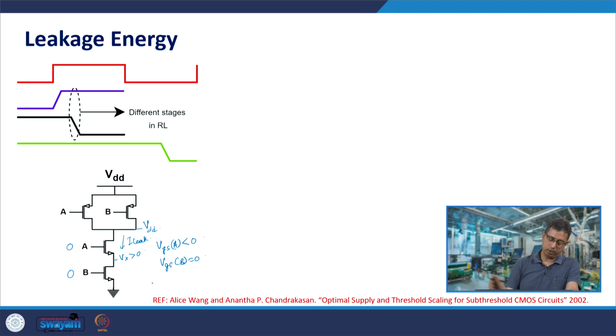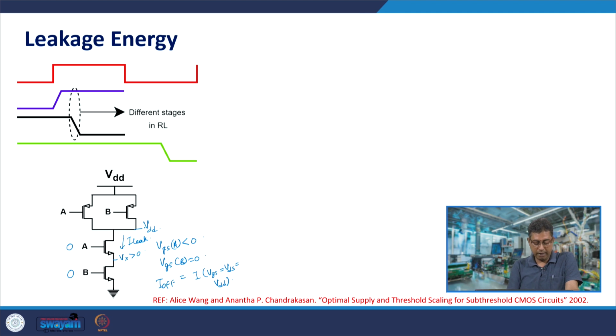Therefore, the leakage current does not have the value of I off that we usually see. I off is the current of a transistor for VGS equal to VDS equal to VDD. That is the definition of I off. So, it is not equal to I off; it depends on the logic gate topology.